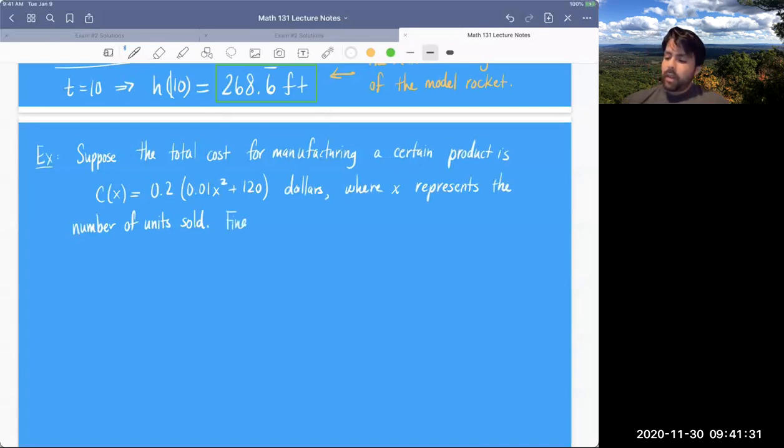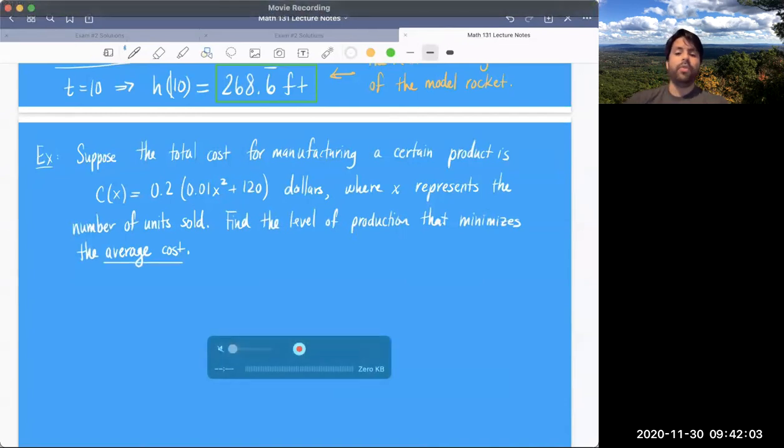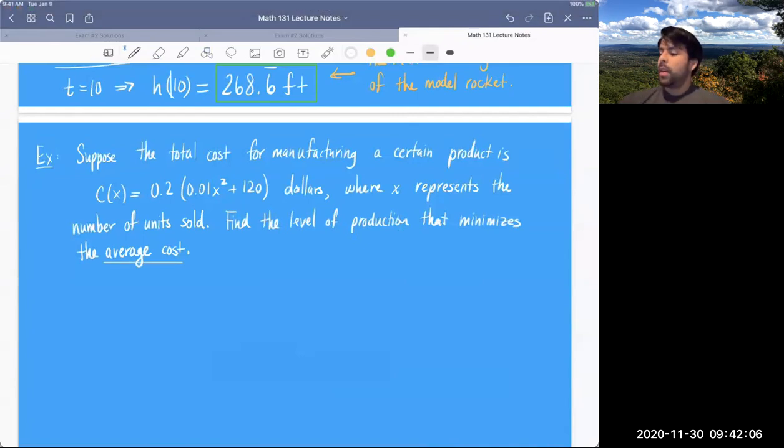Find the level of production that minimizes the average cost. So I want to minimize the average cost, but I want to figure out how many units I need to sell given this model so that I minimize the cost.